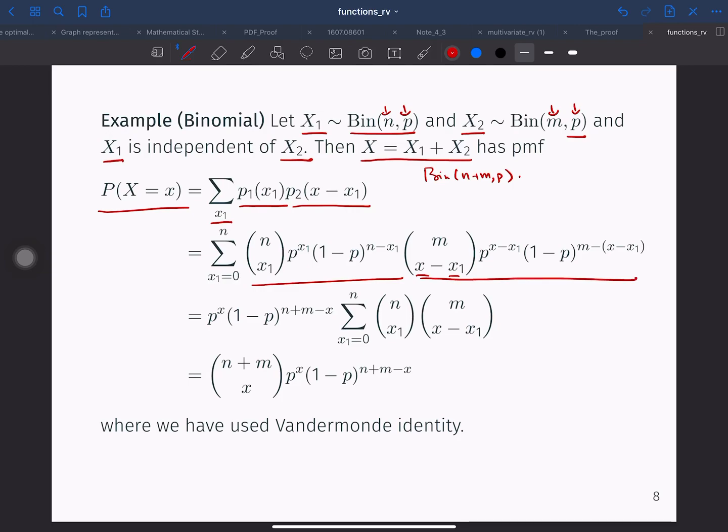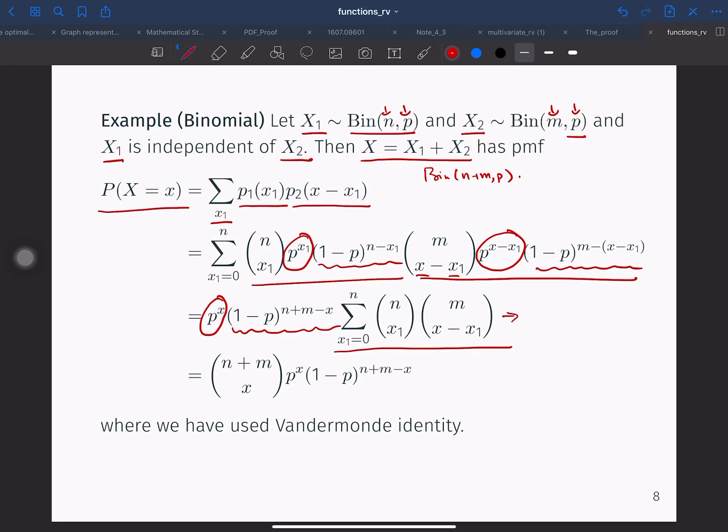And so I could combine p to the x1 with p to the x minus x1 to become p to the power of x. And I can combine (1 minus p) to the n minus x1 with (1 minus p) to the m minus (x minus x1) to become (1 minus p) to the n plus m minus x. And then I can move both of those outside the summation because they do not depend on little x1. And I have the summation inside here, which depends on x1.